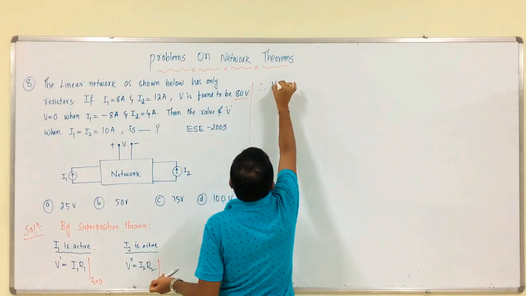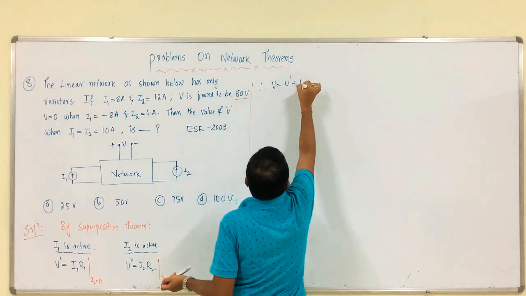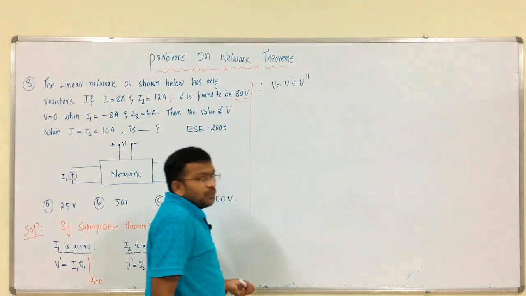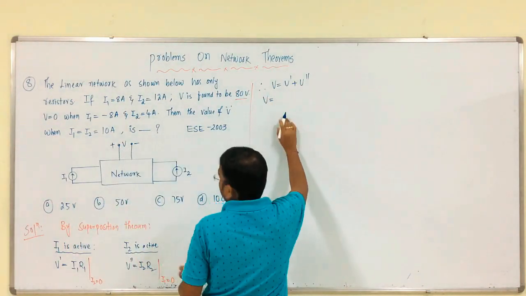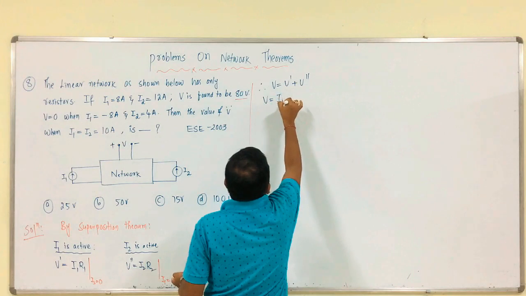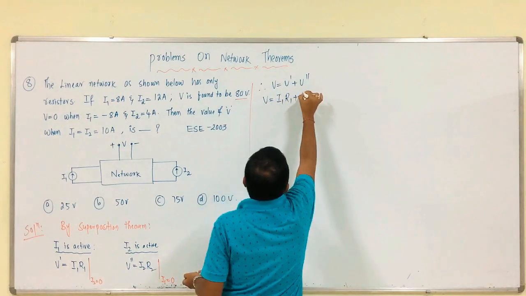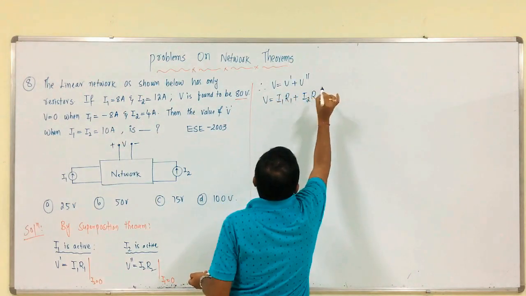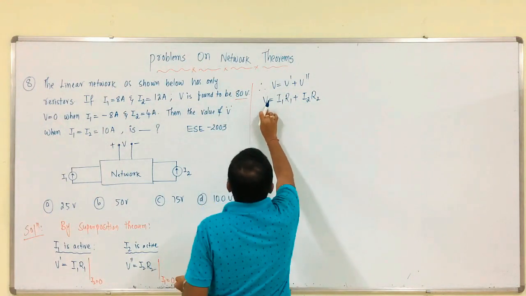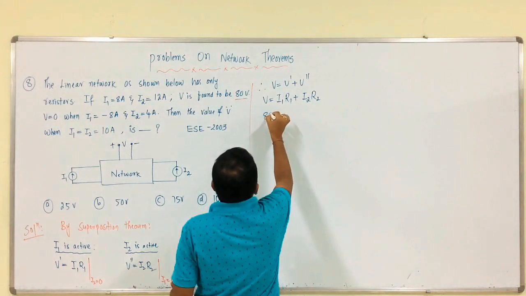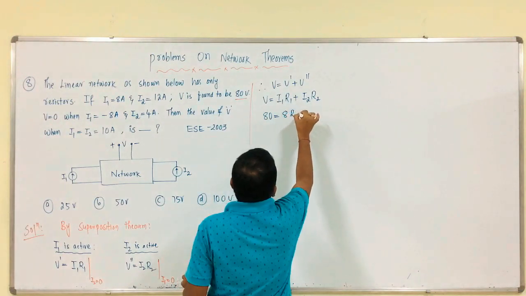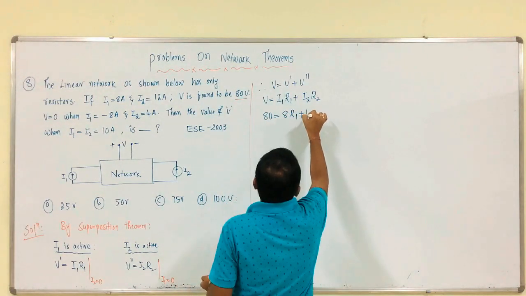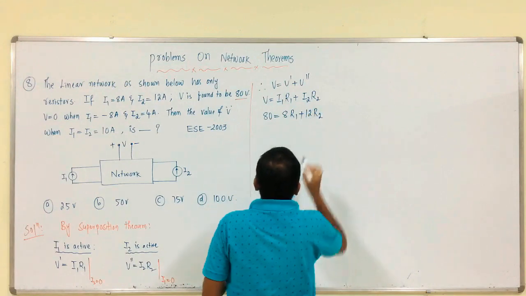Therefore, V is equal to V dash plus V double dash. Superposition theorem, right? From this, V is I1 R1 plus I2 R2. What is the value of V? First case 80. What is the value of I1? 8 R1 plus I2, which is 12 R2. That's it.